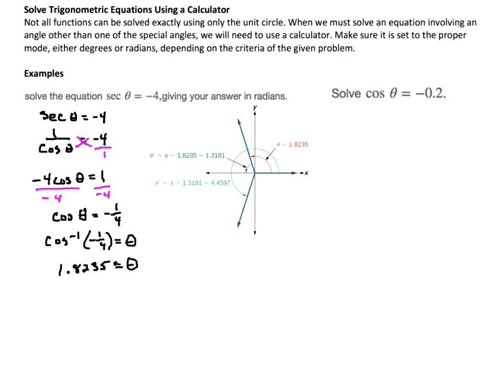So we know that theta is approximately 1.8235. And then I'm going to call this theta prime right here for that reference angle. So theta prime is equal to pi, which is that 180 degrees, pi minus the angle that I've already found. And I literally used the pi key on my calculator.